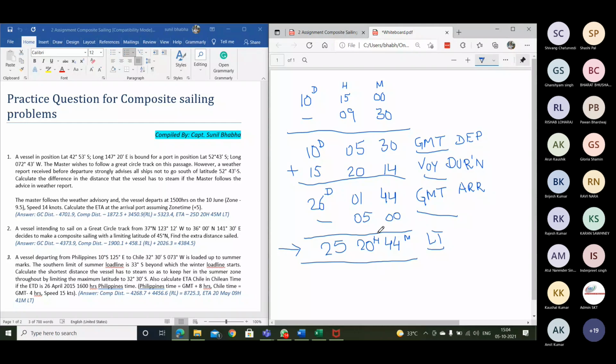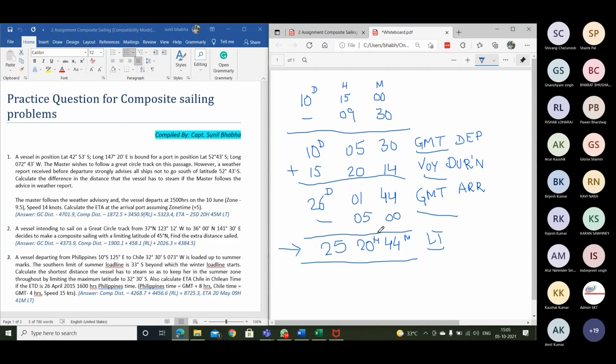Whether you are crossing the international date line or you are not crossing, nothing has to be done. But if you go into LMT to LMT, which you should never do, अगर आप LMT to LMT ETA निकालने की कोशिश करोगे, then you will have to see whether you are crossing the international date line or not, and you will also have to see what is the direction in which it is being crossed. So it becomes all the more complicated and confusing.